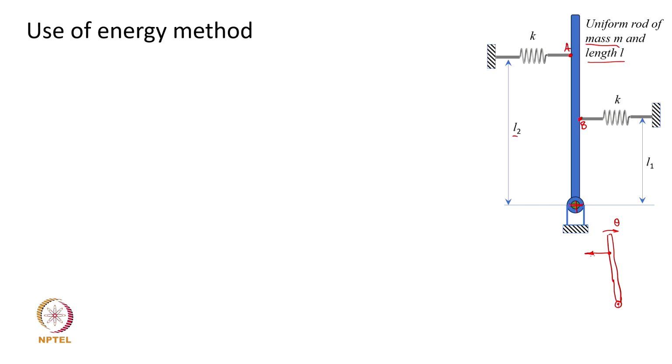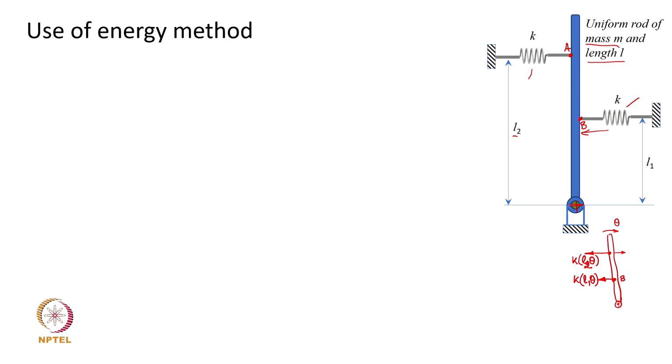The restoring force then will be k times L2 theta. This spring is going to get stretched for clockwise theta motion, and therefore at point B, the spring is compressed and the restoring force acts in this direction, because this compressed spring is going to restore the bar to the equilibrium position. That restoring force is going to be k times L1 theta. That is quite straightforward.